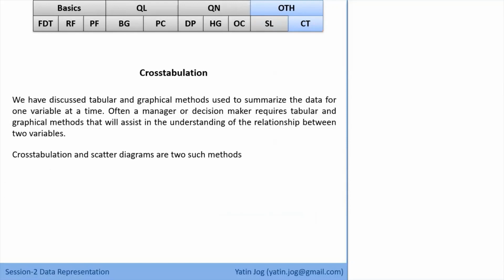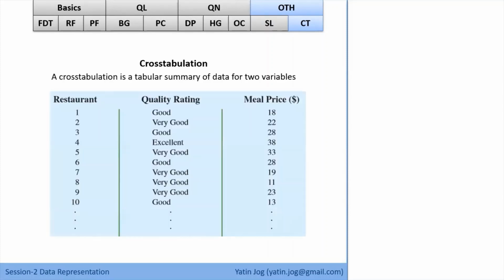So at least two variables. To represent the association or the relationship between two variables, we have cross-tabulation, which is a tabular method, and scatter diagram, which is a graphical method. So first we'll look at the cross-tabulation method.